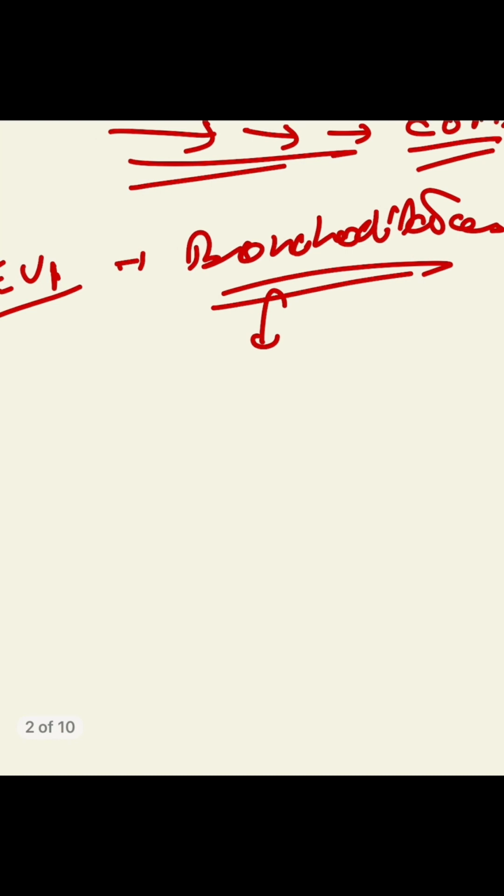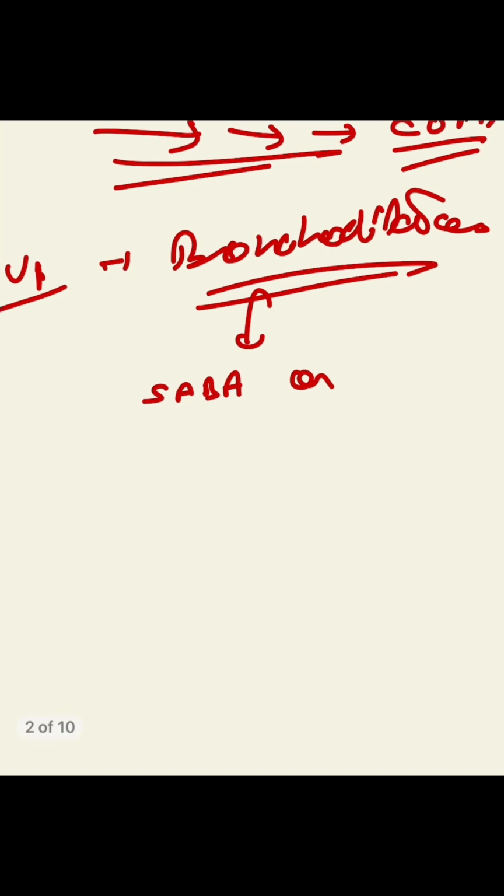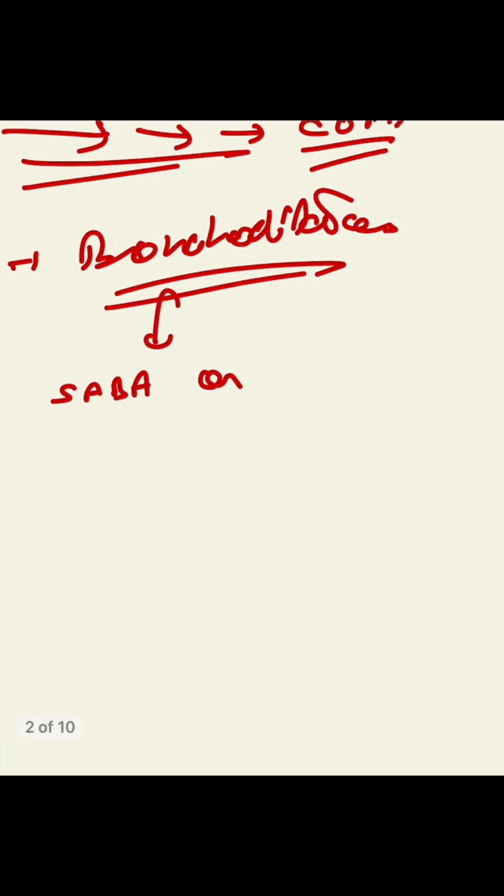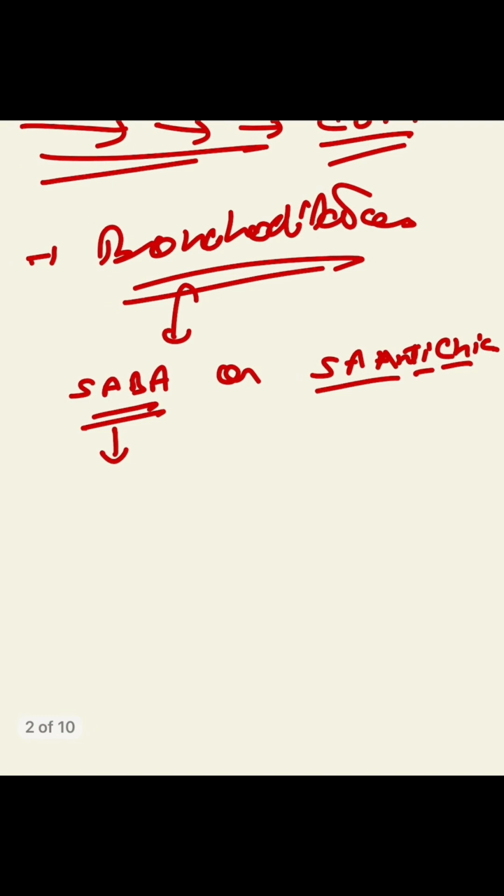a short acting beta agonist, or we can use short acting anticholinergics. If we are using a short acting beta 2 agonist, we have to use 400 micrograms, and short acting anticholinergics have to be used at 160 micrograms.